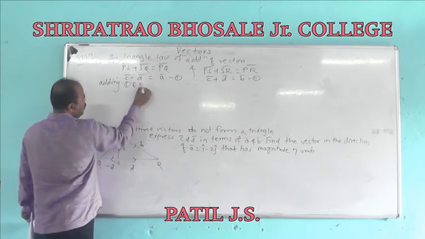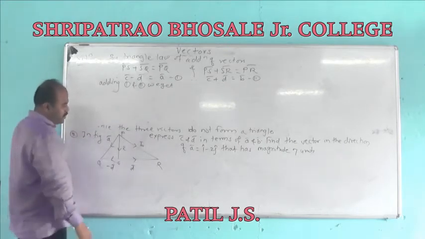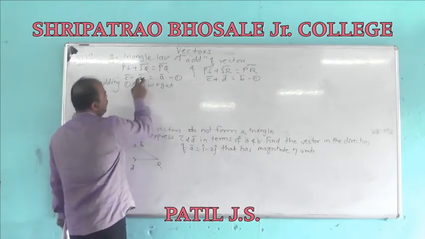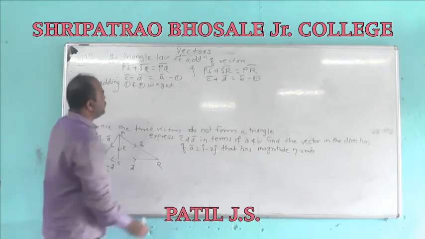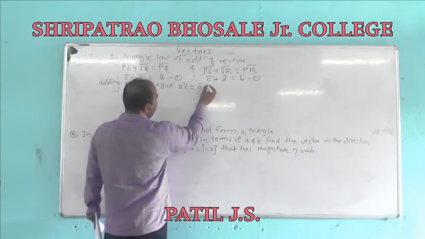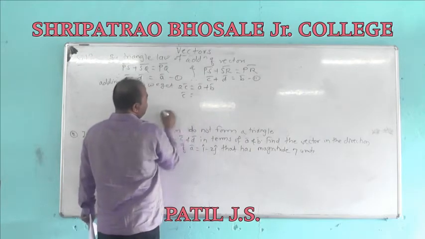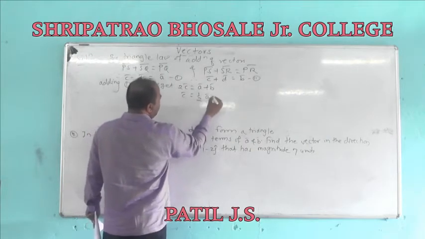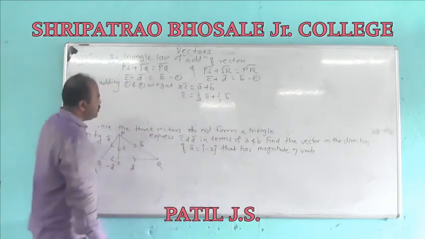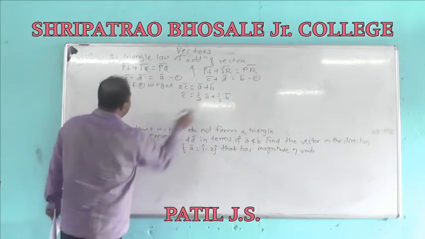Adding equations 1 and 2, we get, that means this minus D and plus D get cancelled. We get 2C bar is equal to A bar plus B bar. This is C bar equal to 1 upon 2 A bar plus 1 upon 2 B bar. This is the vector C bar in terms of A bar and B bar.